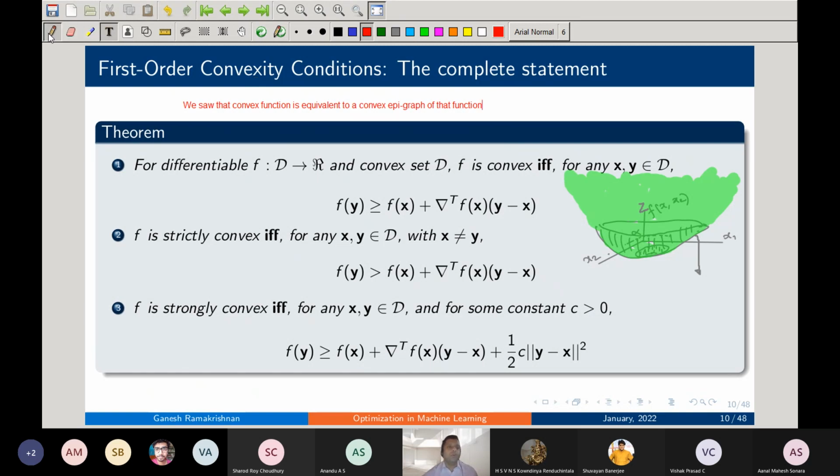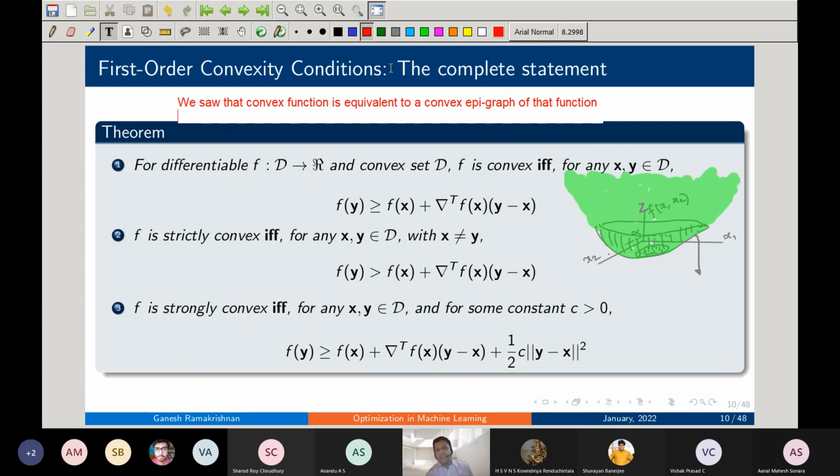And now what we want to do is use that property to show first order definitions of convexity. The way we'll do that is that the convex epigraph is in R^(n+1). The gradient will be used to construct a hyperplane in R^(n+1), which will lower bound the epigraph.